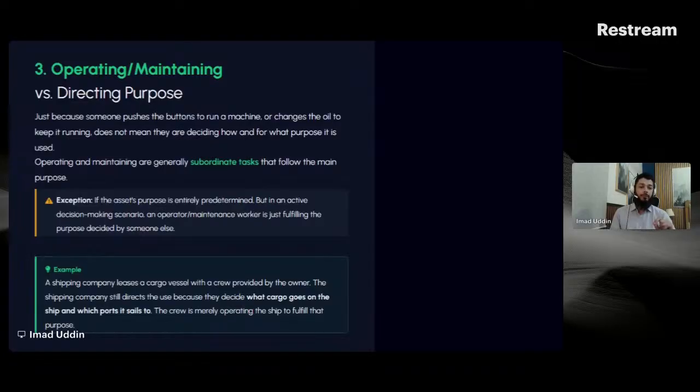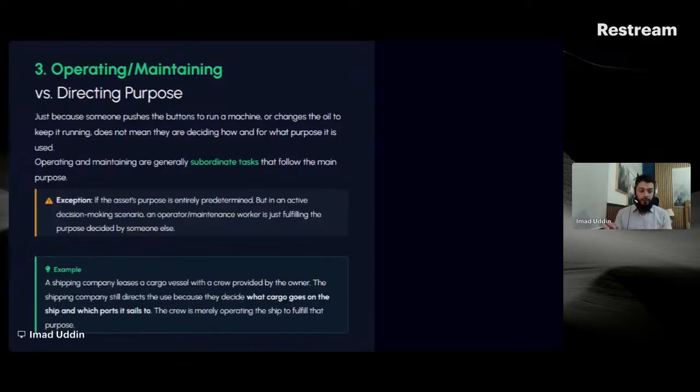So operating an asset or maintaining an asset is not a decisive criterion as to who has the control. Again, a very quick example: a shipping company leases a cargo vessel with the crew provided by the owner. So the entire cargo vessel has been provided with the crew. The shipping company still directs the use because they decide what cargo goes on the ship and which port it sails to.